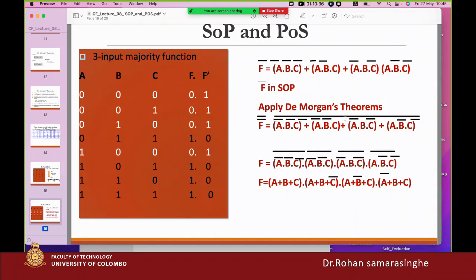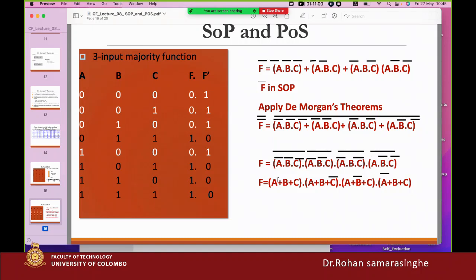When you apply the De Morgan theorem, F double bar is F. Then break the bar, change the operator. This plus becomes dot, and you change each min term: ABC dot AB, A bar B bar C bar.